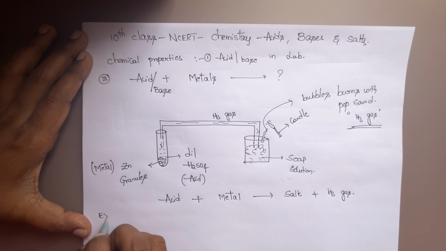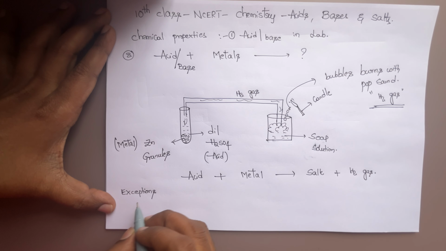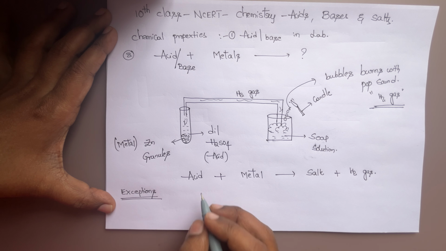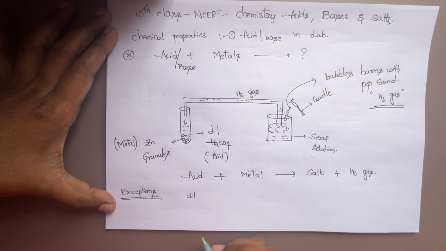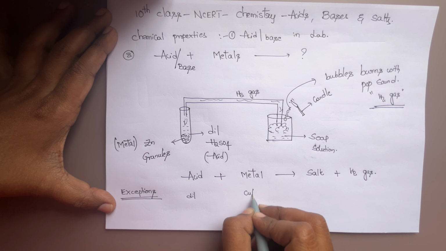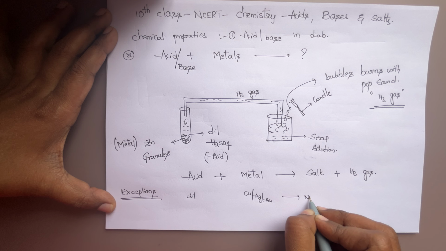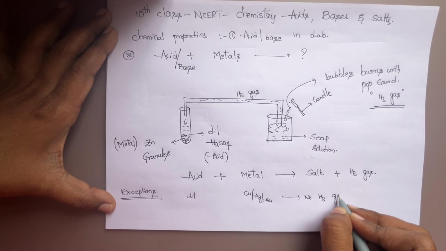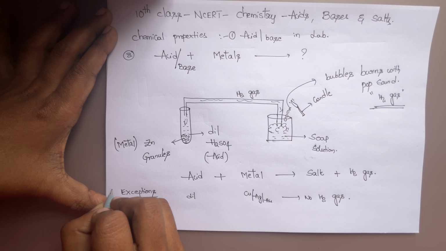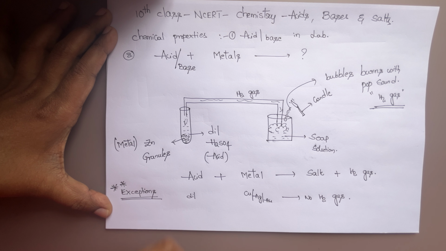So exceptions are there, and these exceptions are usually asked in all competitive exams. What is the exception? If the acid is dilute and the metal is copper, silver, gold, then no H2 gas. Very important point.